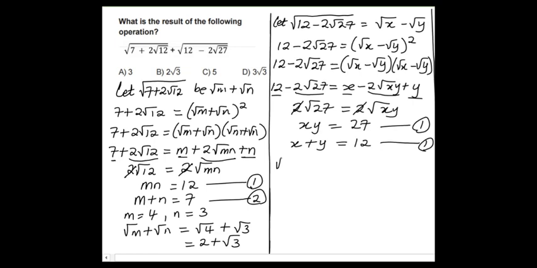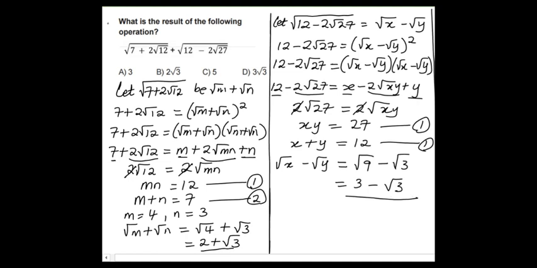So let's say that our root x minus root y will now be equal to root 9 minus root 3, where x is 9 and y is 3. Root 9 is 3, so we have 3 minus root 3. We have the first one as 2 plus root 3.